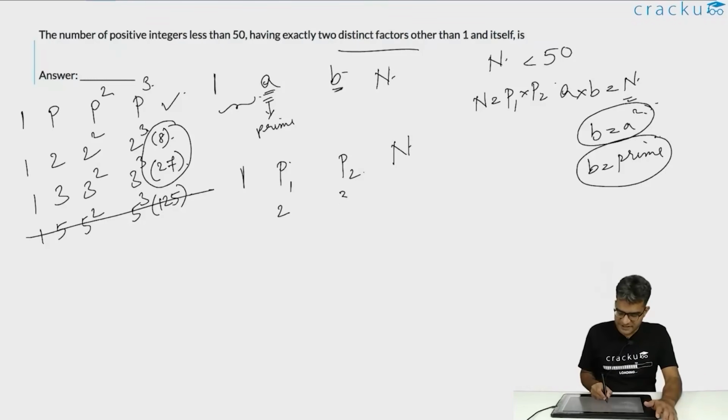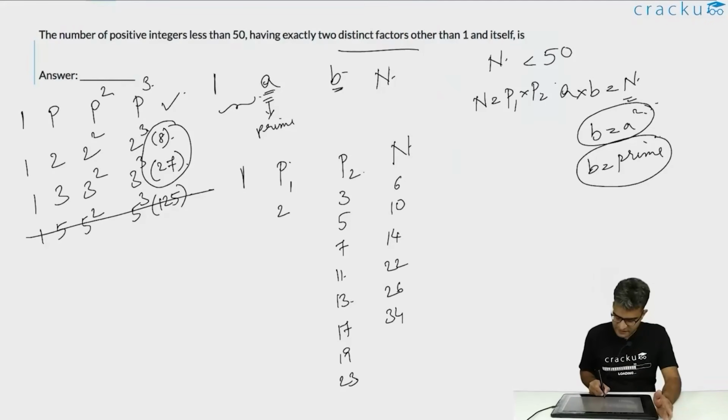Then P2 will be either 3 or 5 or 7 or 11 or 13 or 17 or 19 or 23. In this case, the value of n will be 6, 10, 14, 22, 26, 34, 38 and 46. How many are there? 1, 2, 3, 4, 5, 6, 7, 8. So you have 8 cases over here.